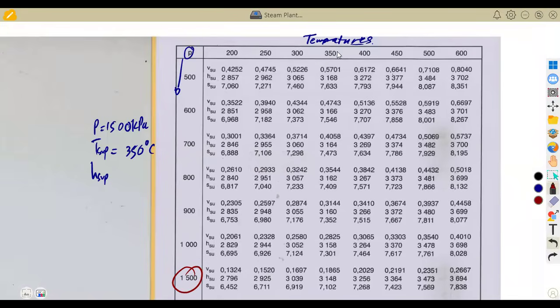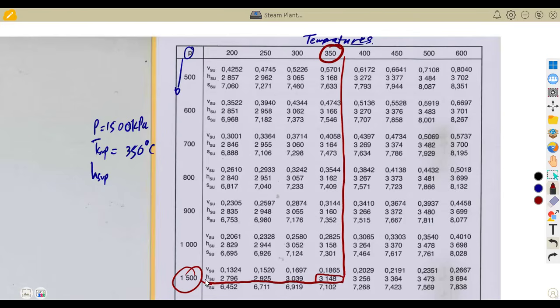Then the temperature of 350, where do they meet? We want where they meet under h_sup. They meet here, which is 3,148.